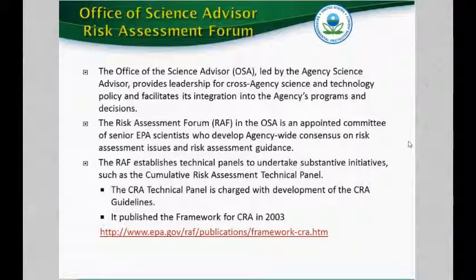Anyone who's looked at a definition of cumulative risk assessment knows that it's not a simple matter, and it's taken a while to begin to get traction on developing some methodological guidelines for how we'll approach it at the agency. The RAF CRA Technical Panel first published the framework for CRA in 2003. You can see the link at the bottom of the slide.